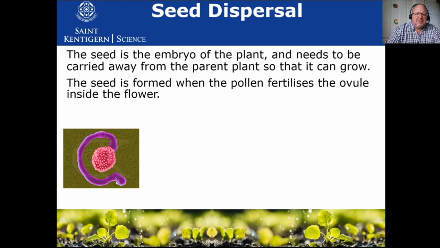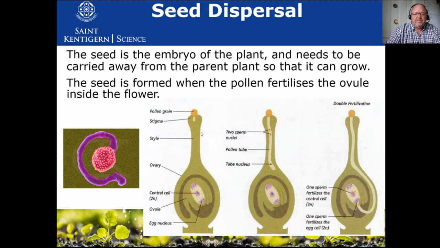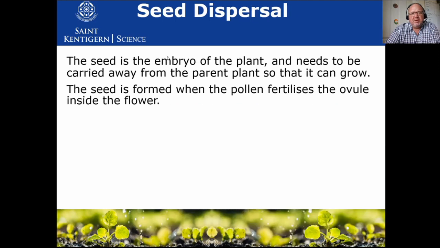Now, if you look at this, there's our pollen and a pollen tube growing down. Pollen, as it lands, that is called pollination, and here it goes down all the way and finds the ovule, and in the ovule you have a sperm cell that then fuses with the egg cell, and then we have a zygote, and the zygote turns into the seed, and the seed, as you know, is the embryo.